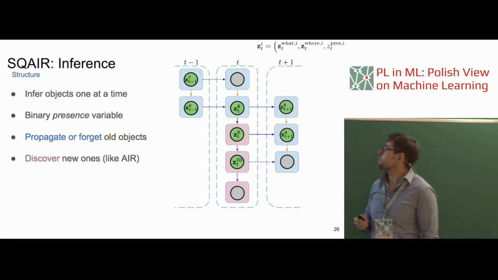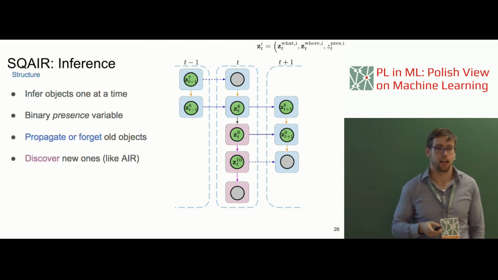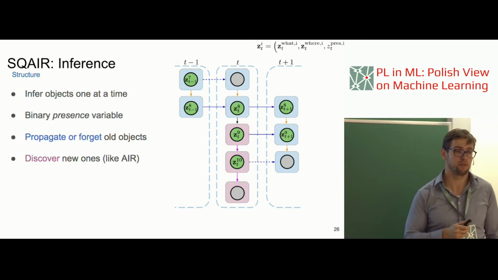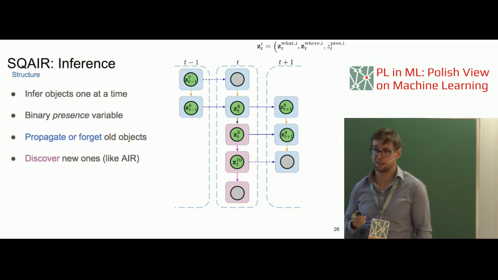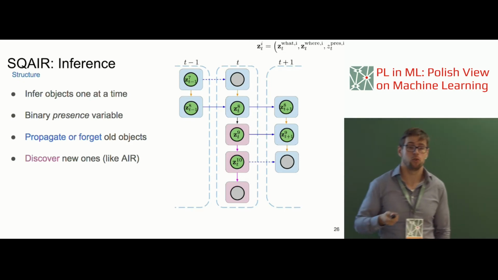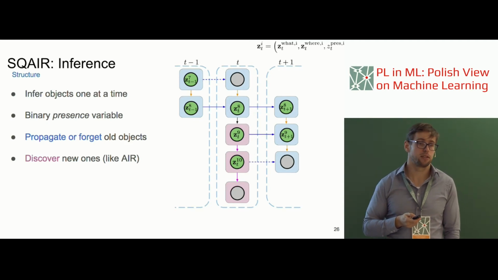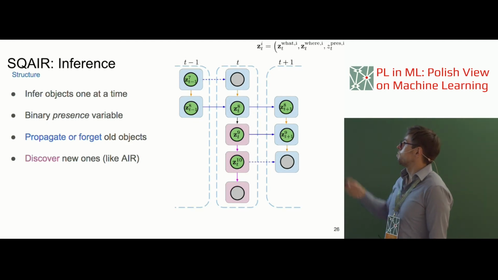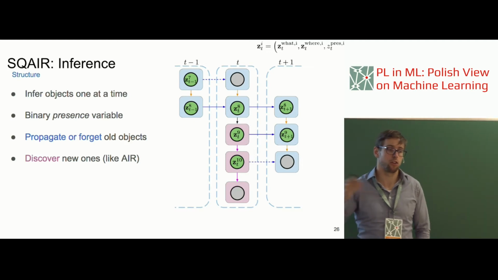And we have arrows with different colors, and actually every arrow in this model corresponds to a different RNN, so recurrent neural network, which makes it a pretty complicated beast. And once the propagation is done, we want to discover new objects in the images, and so we basically condition the process of discovering new objects on all the variables that we've already propagated.